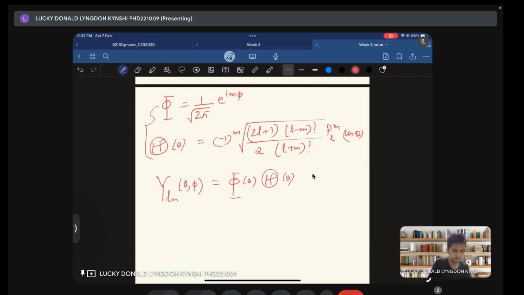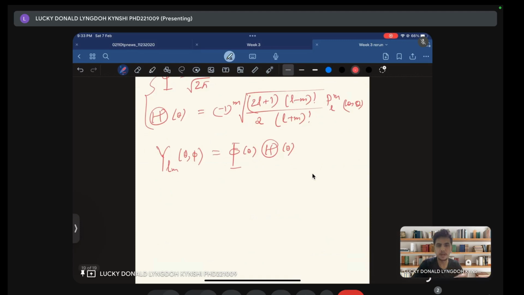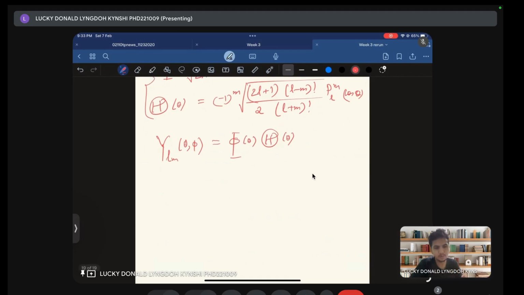Okay, just like I have told you, from the quantum mechanics textbooks, this is already solved there. I can just write a few of them which are important to you. Y 1 1 of theta and phi is equal to minus the square root of 3 by 8 pi, sine theta e to the power of i phi.